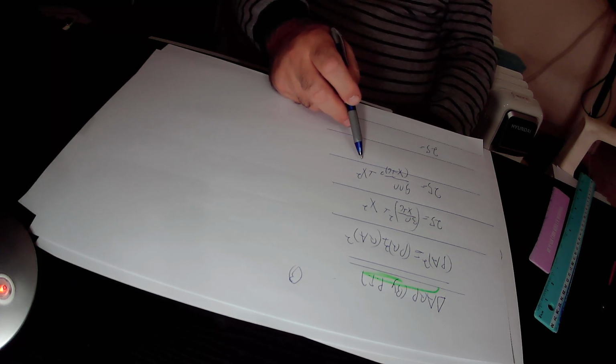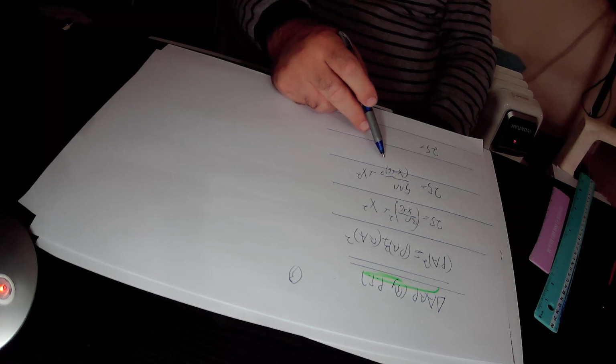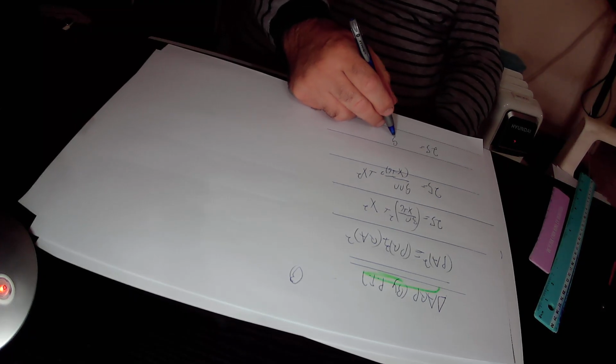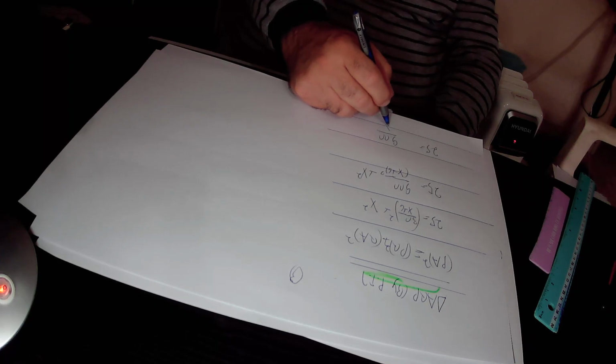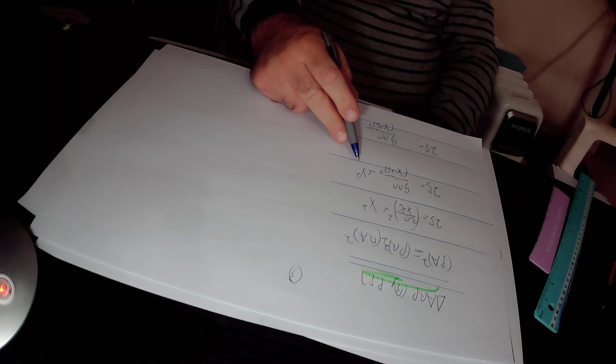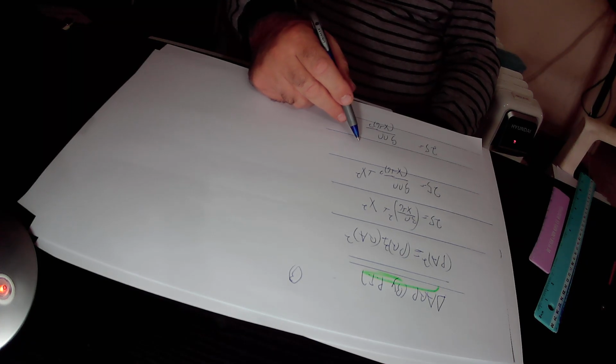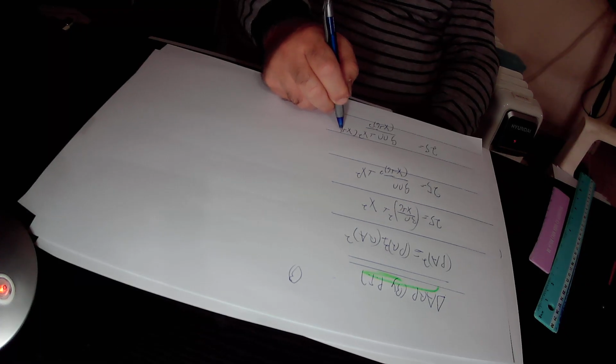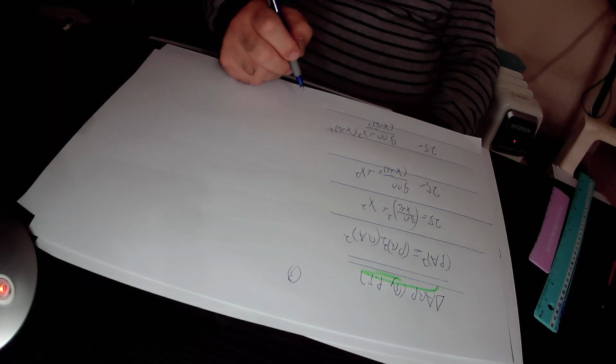Here we will multiply x squared by x plus 6 squared, and then we will divide it by x plus 6 squared in order to have a common factor with this term. So here we have 900 over x plus 6 squared, and we multiply x squared by x plus 6 squared, then divide it by x plus 6 squared.